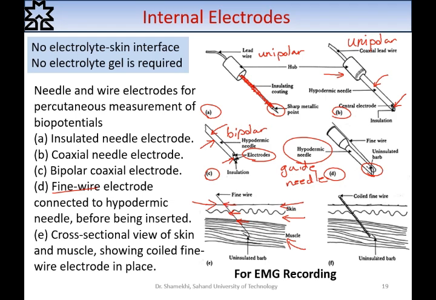To overcome this problem, we use coiled fine wire, and this type of fine wires are robust to some strain and also some unwanted contraction, especially at the borders.